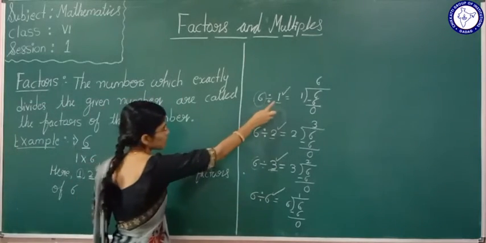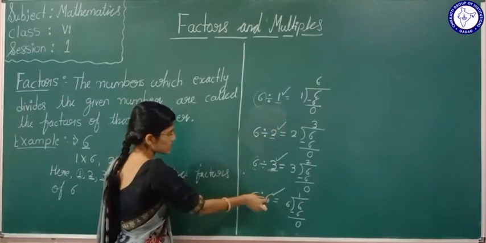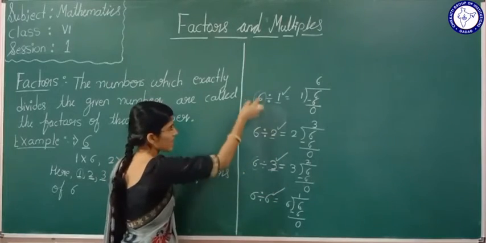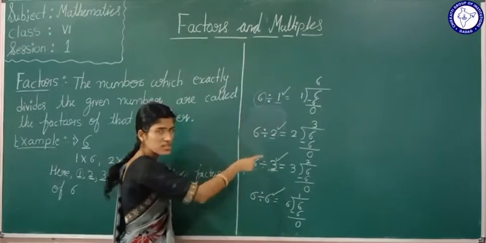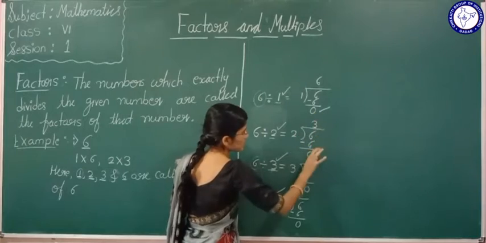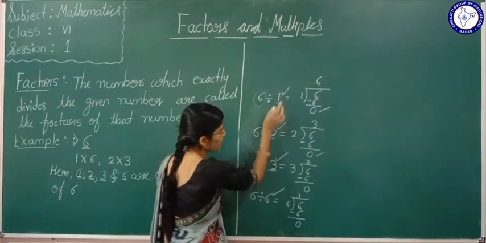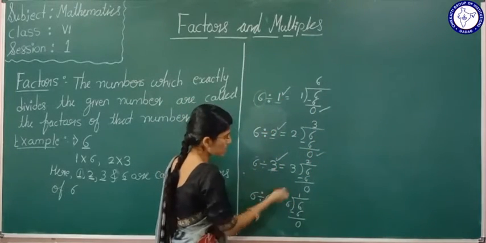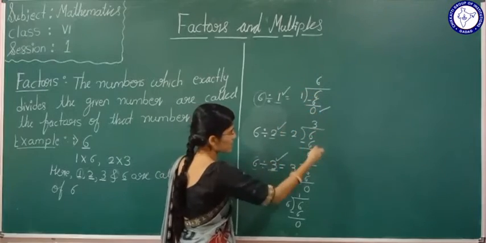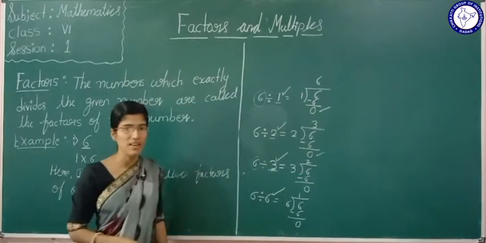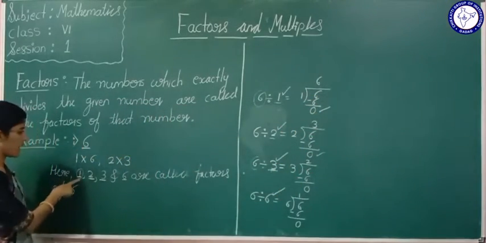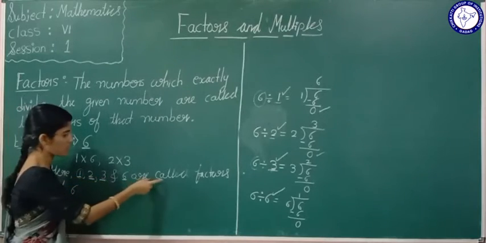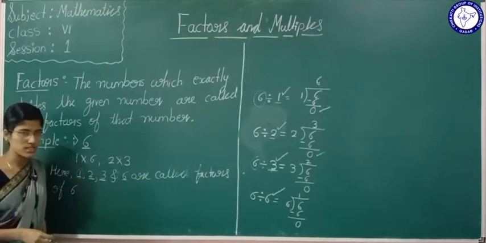Here these numbers 1, 2, 3, 6 are dividing 6 exactly, completely. Yes or no? We are getting a remainder 0. Therefore, 1, 2, 3 and 6 are called factors of 6.